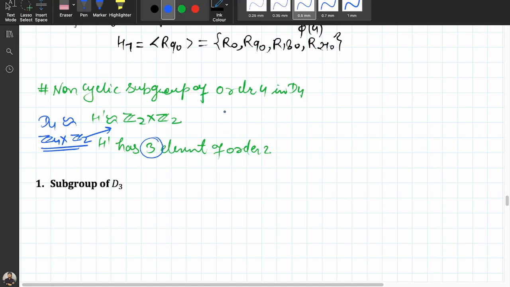So from here I can take H dash, which is nothing but 4 elements, R0, R180, H and V. Okay, this is H1 dash, and also I can take H2 dash: R0, R180, D and D dash. So simply we can take so many elements from here.